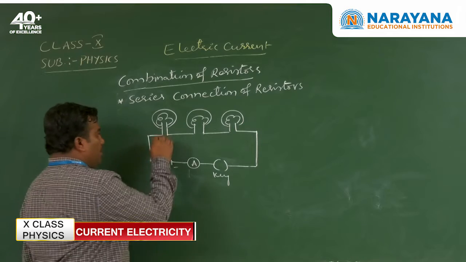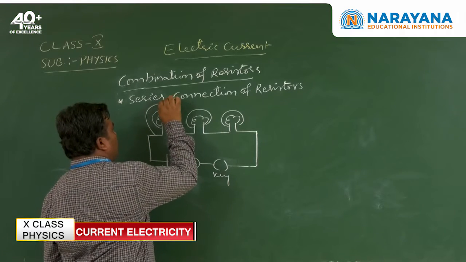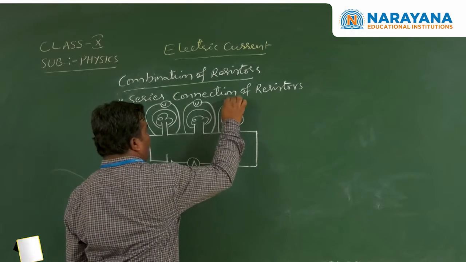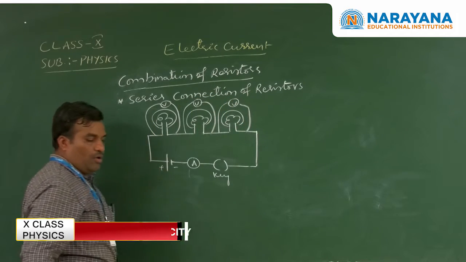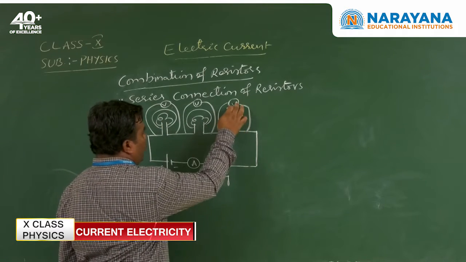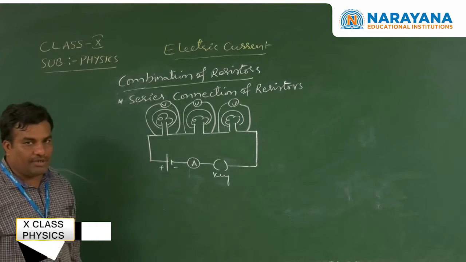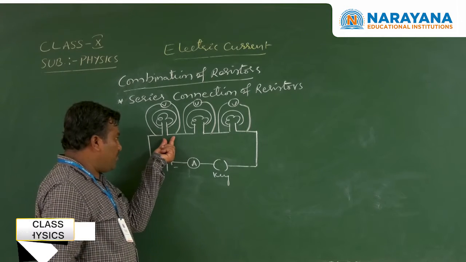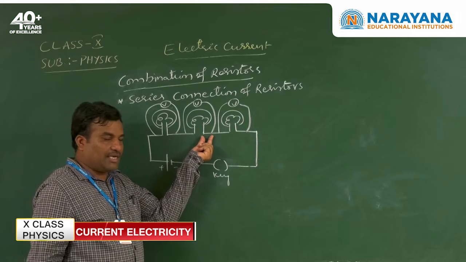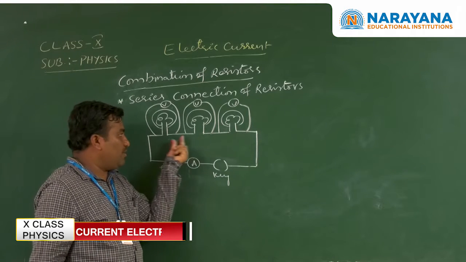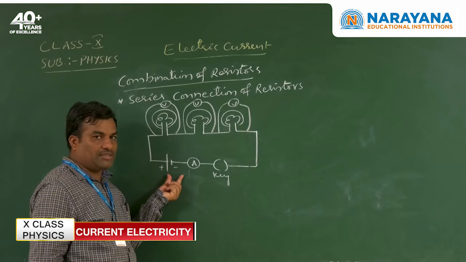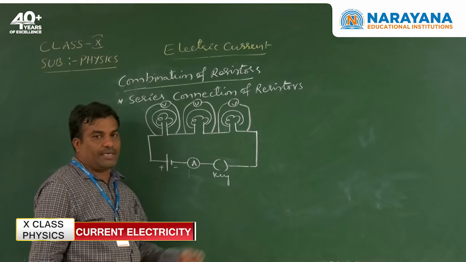Individual voltmeters are placed across each bulb. The first bulb's second end is connected to the second bulb's first end, and the second bulb's second end is connected to the third bulb's first end. The first bulb's first end and the last bulb's second end are connected to the battery terminals with the ammeter and key.